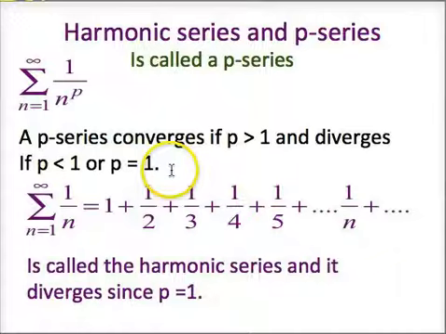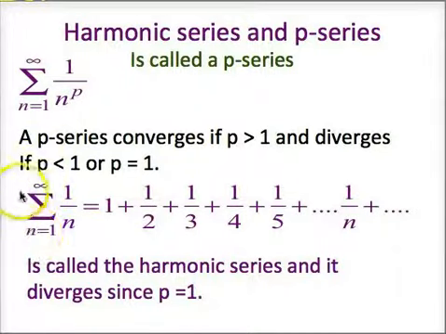So you can either use the integral test every time to determine convergence, or you can have this memorized. A p-series will converge if that exponent is greater than 1, and it will diverge if the exponent is less than or equal to 1. And this is a series that you will see a lot as we move on in this chapter.